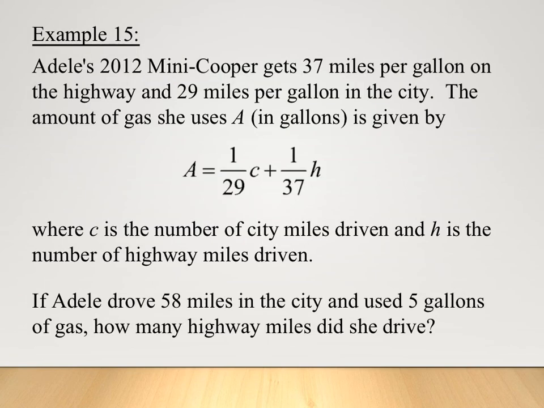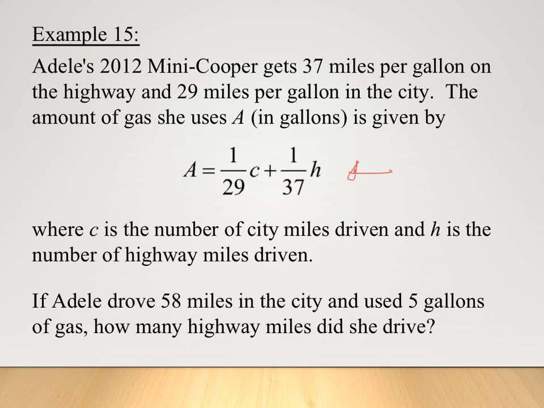So here's our last problem. It's a word problem. So here Adley's 2012 Mini Cooper gets 37 miles per gallon on the highway and 29 miles per gallon in the city. The amount of gas she uses, A, in gallons, is given by the following equation.